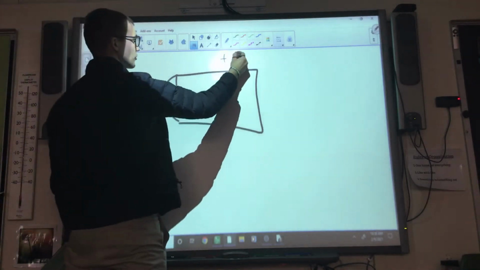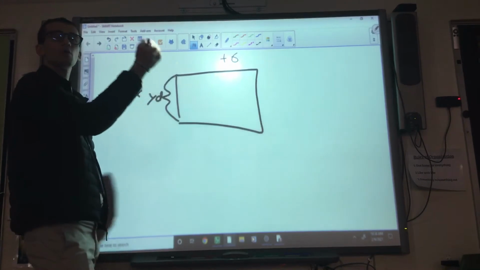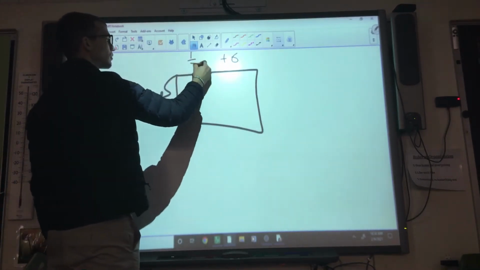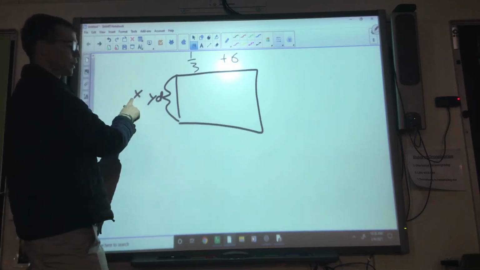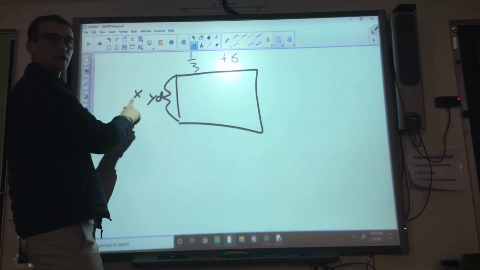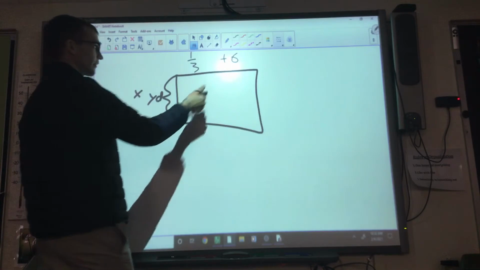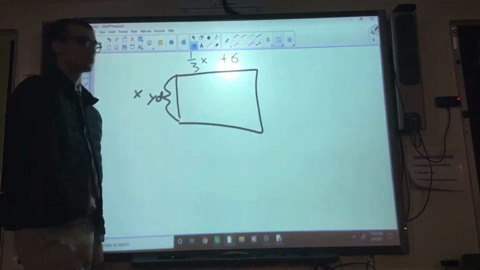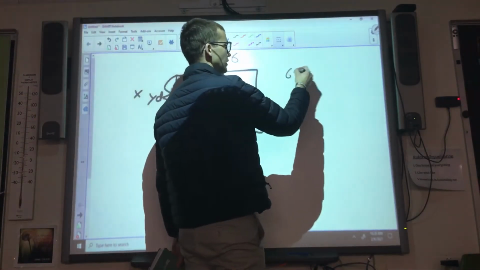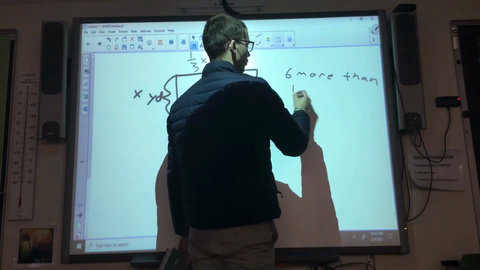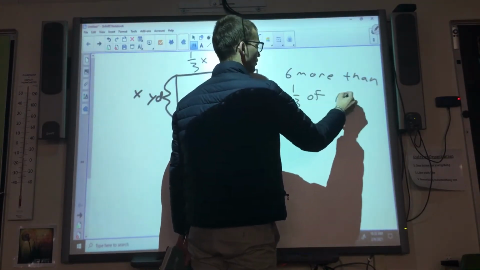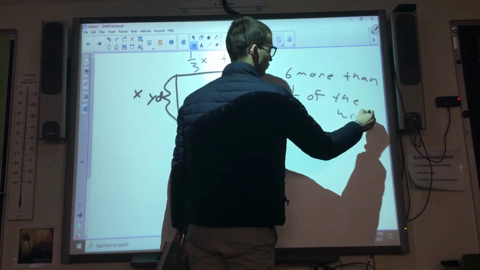So 6 yards more than 1/3 of means multiplying 1/3 of the width. The width is x, so it means 1/3 of x. So 6 more than 1/3 of the width.